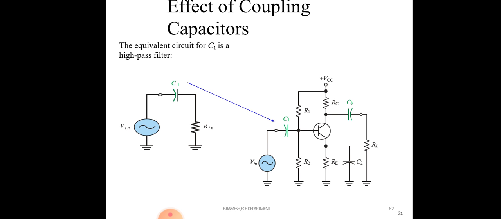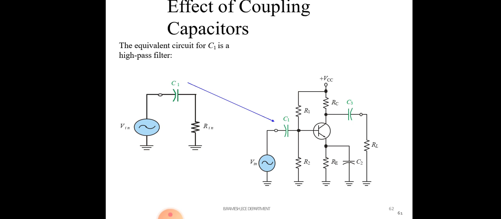See the CE amplifier circuit. Here the input signal is coupled with a capacitor. That is why C1 and C3 are both coupling capacitors, and the input capacitor is connected to R1 and R2, which are in parallel. That represents the input side. You can observe a capacitor and a series resistor.